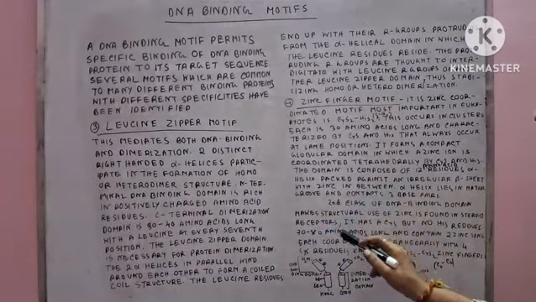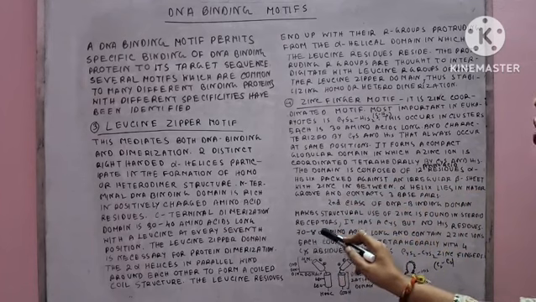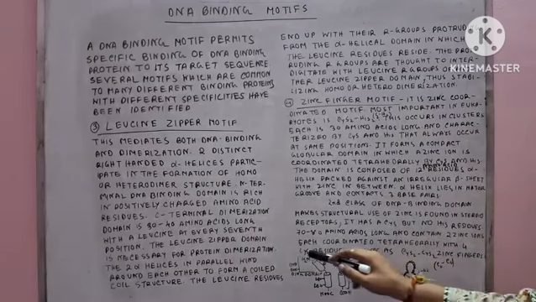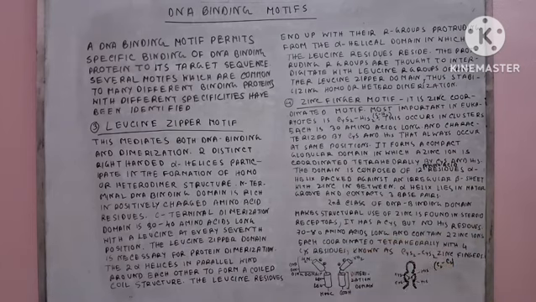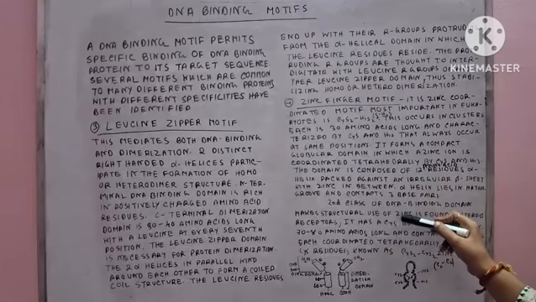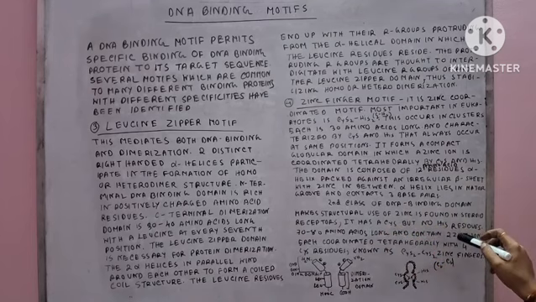Here the number of amino acids is 70 to 80 residues, containing 2 zinc ions, each coordinated tetrahedrally with 4 Cys residues. I haven't drawn the second one here.